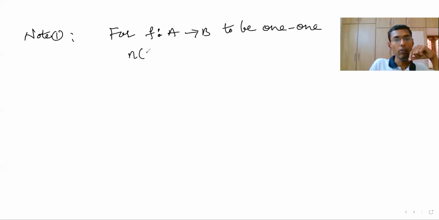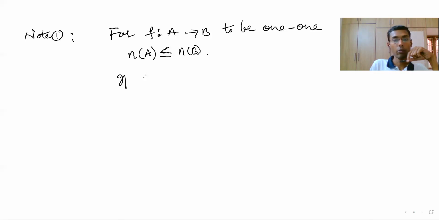So the number of elements in A must be less than or equal to the number of elements in B. If 5 elements are there in A, then B must have 5 or more. For 1-1, this is a condition.